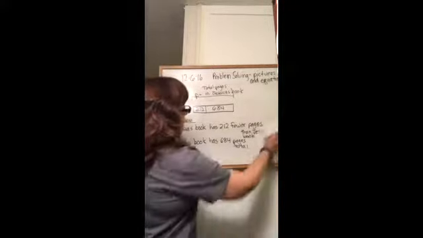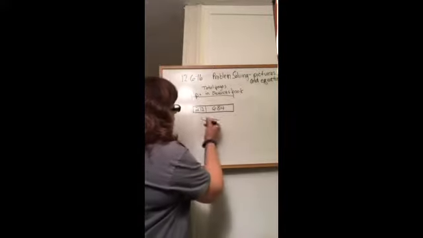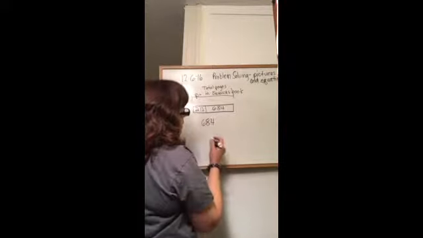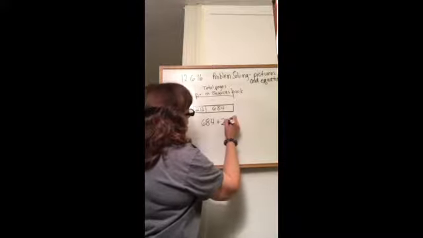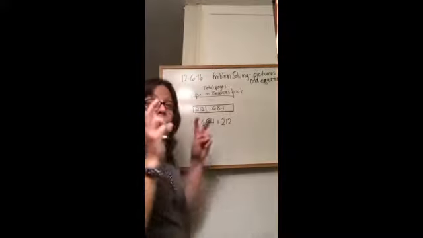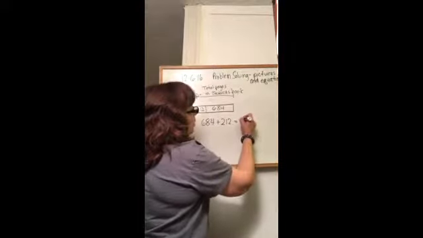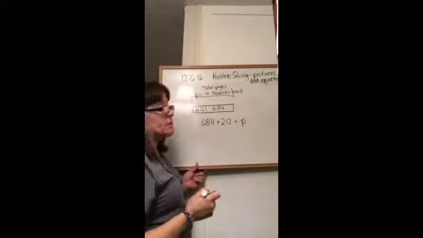So if you take the total number of pages in Deasia's book, and you add to that the fewer pages than Jessica's book, you will equal P, which is the total number of pages in Jessica's book.